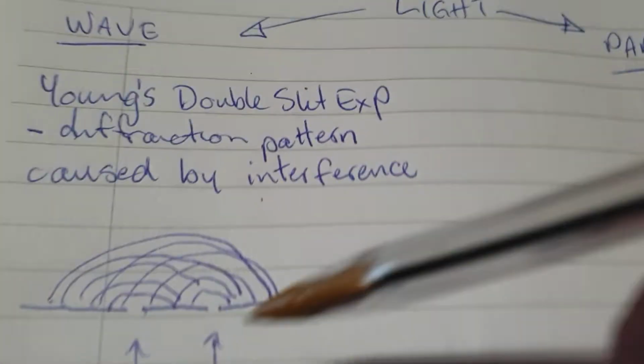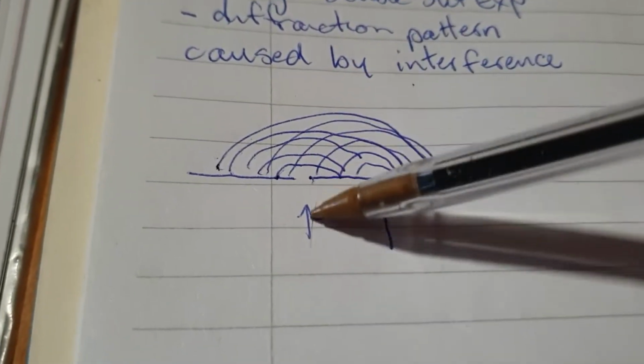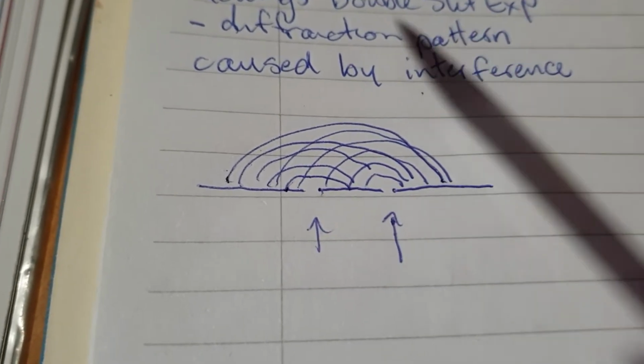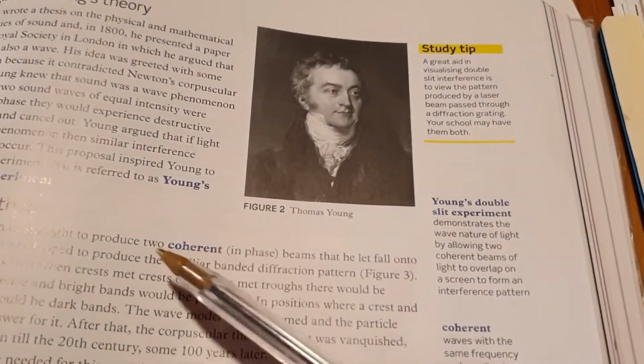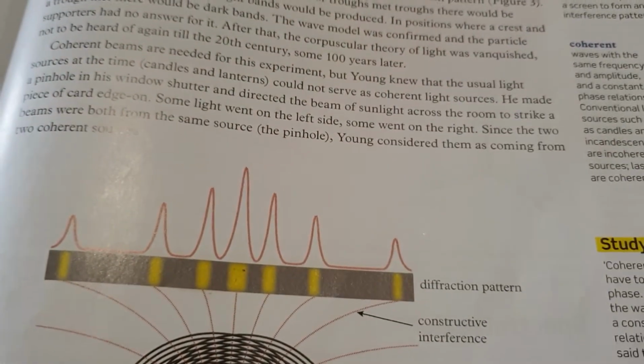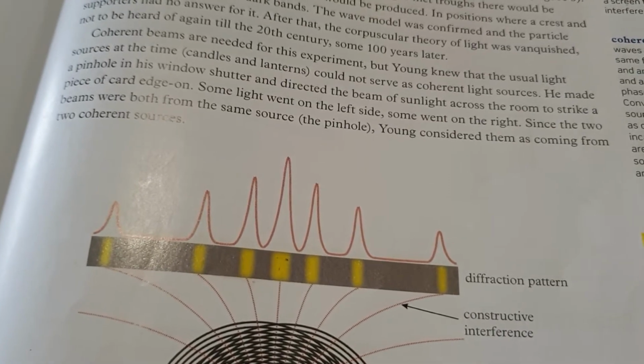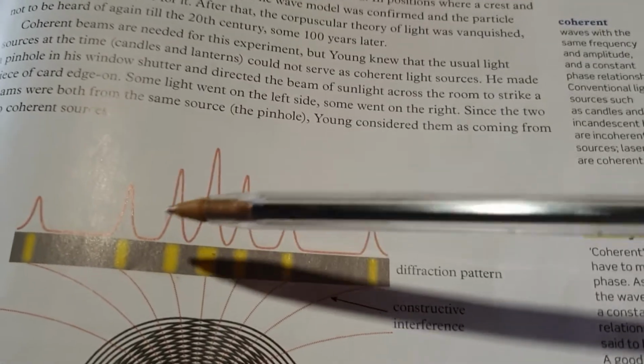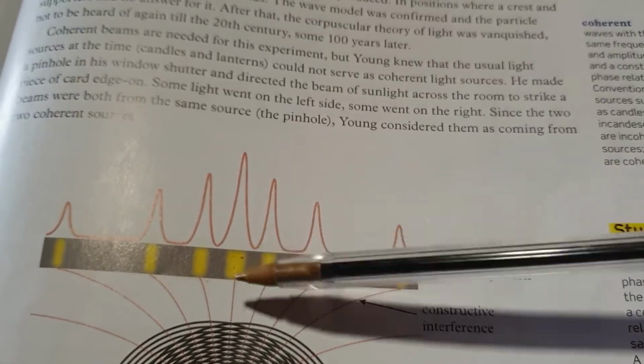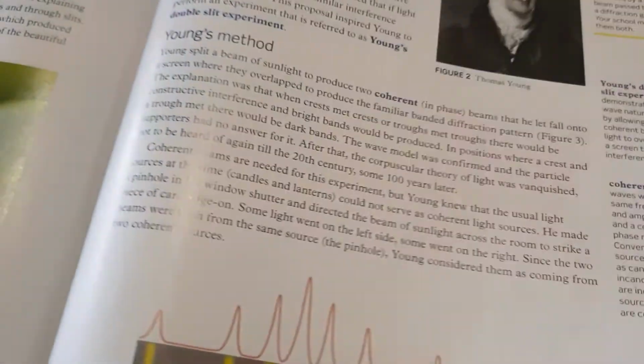With a single wavelength of light, a single pure colour, which is what he used, coherent light, the same wavelength, you get this nice clear bright and dark. With white light, you get what we saw in the Veracitum video, where they had colour fringes, little tiny rainbows. But again, they were very similar to this: a central bright one and then spaced apart. So that's Young's double slit experiment.